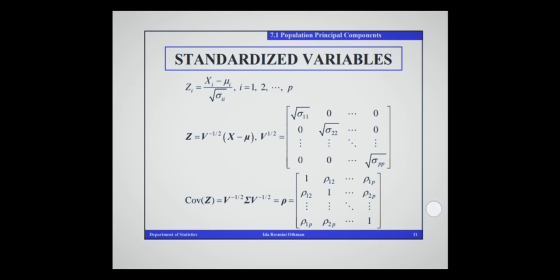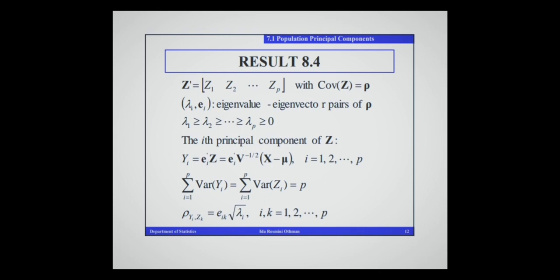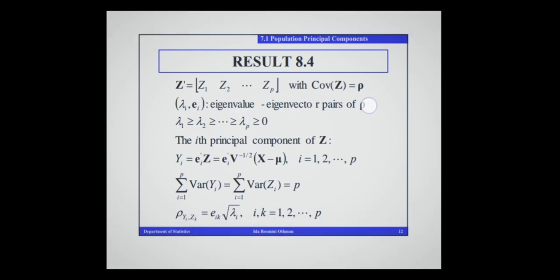Okay, so let's see how we find the principal components using the standardized variables. The method is equal, except that we obtain the eigenvalue and eigenvector from the correlation matrix.